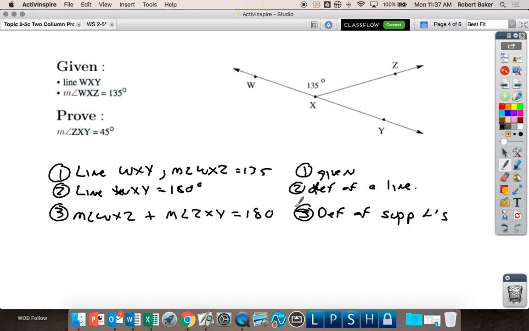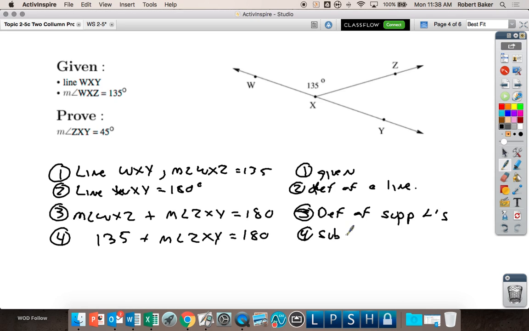For 135. Oh, no. Wait. The measure. I was going to say 135 plus the measure of angle ZXY equals 180. Yes. So 135 plus the measure of angle ZXY equals 180, in that substitution.